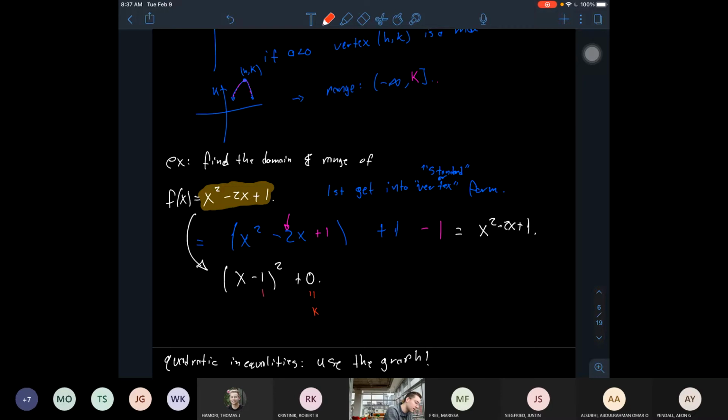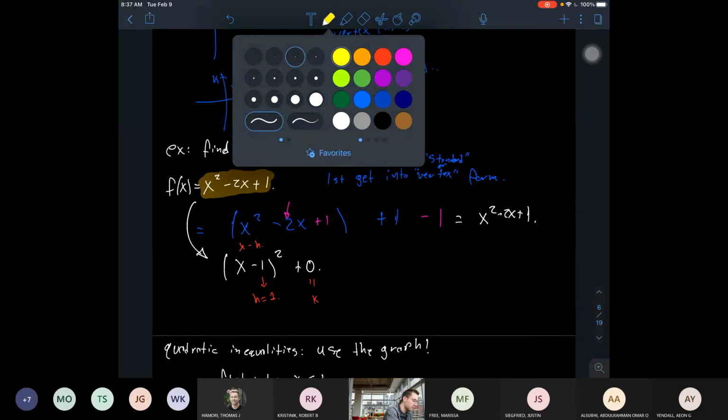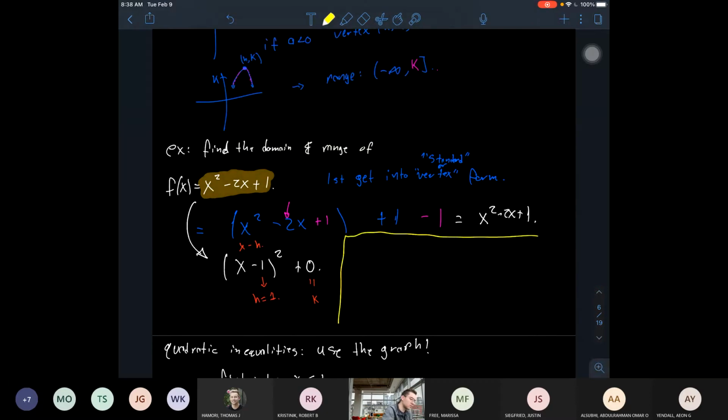And this is telling me that h, remember, this is the expression x minus h. So if it's x minus 1, then h is 1. So we're going to have a vertex at the point 1, 0.